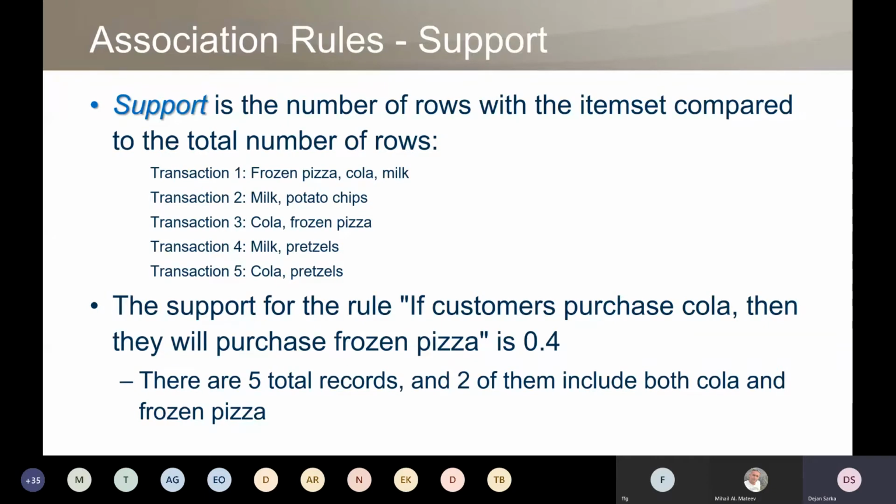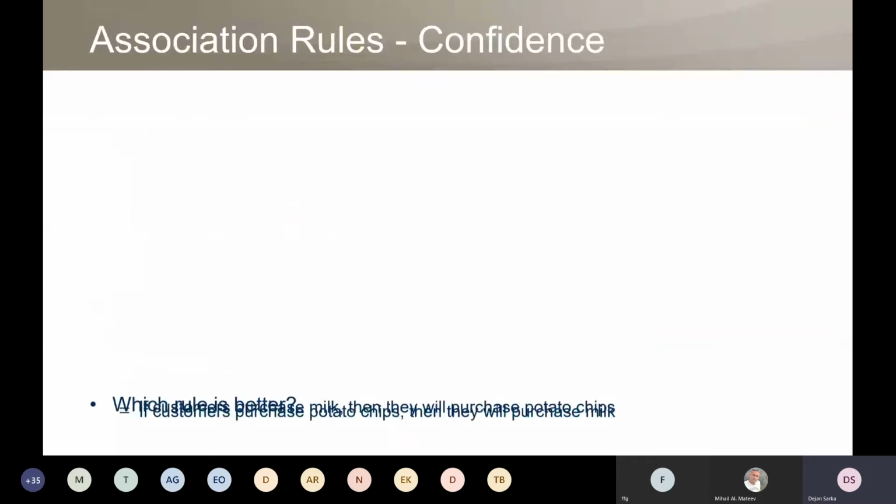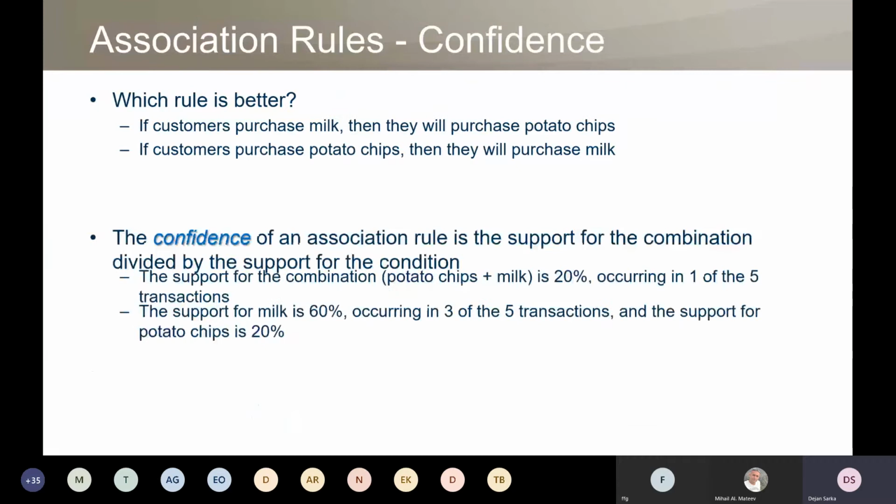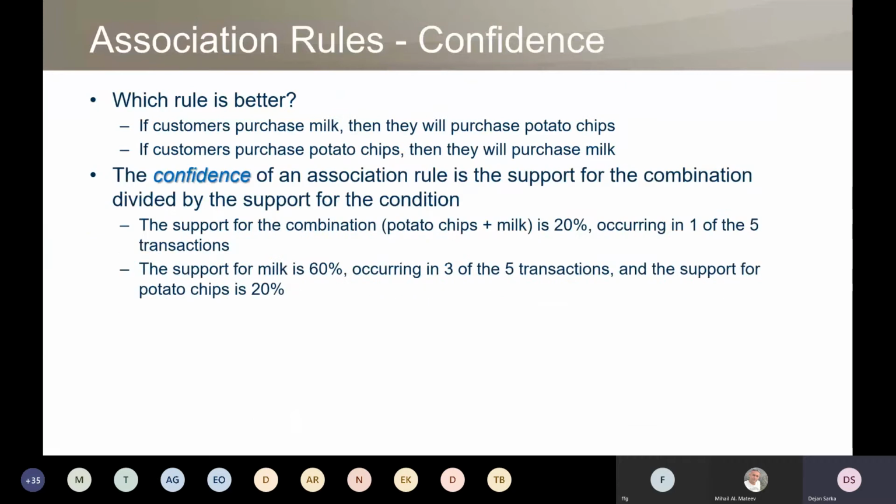So the point is that we should calculate the confidence of the association rule. This is the support for the combination divided by the support for the condition. The support for the combination milk and potato chips is 0.2, support for milk is 0.6, and support for potato chips is 0.2.